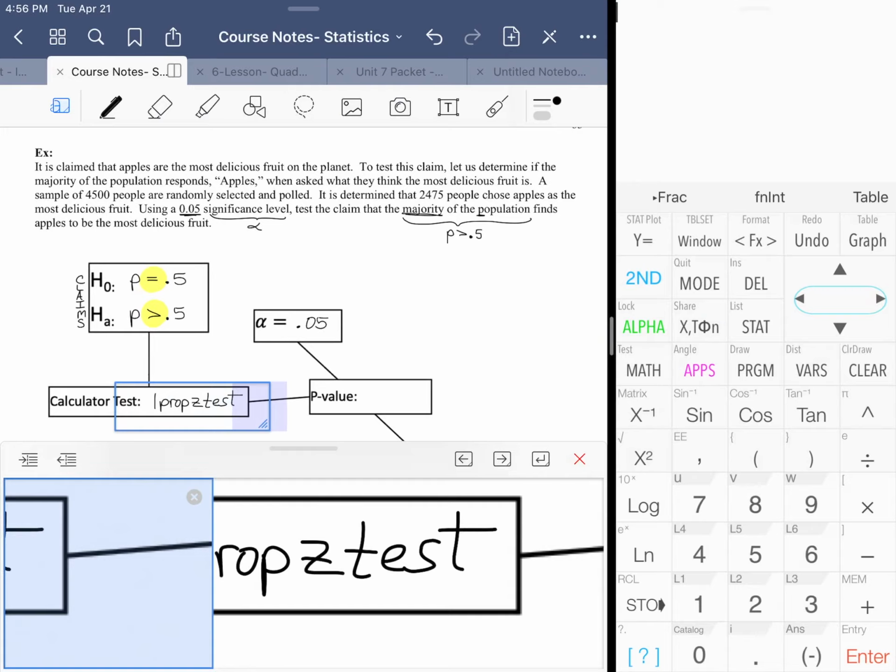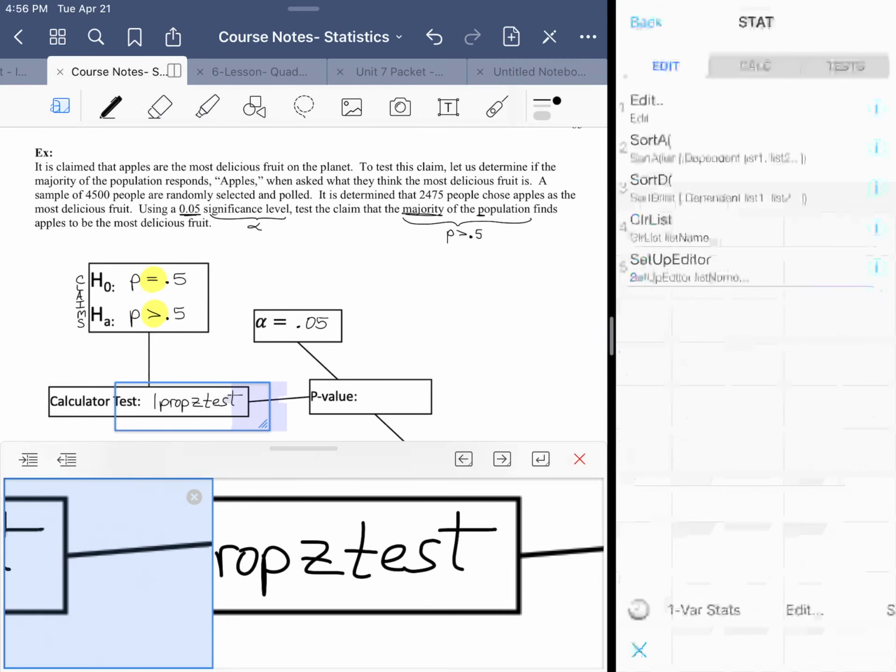Well, it said it on the previous page, but really, the one-prop is the key indicator. We're dealing with one proportion. I want to know some relationship having to do with a single population proportion, the population proportion of people who chose apples to be the most delicious fruit.